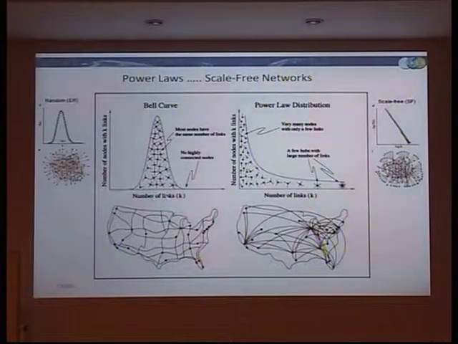Okay, so we have the number of edges or links and the number of nodes with that type of links. And this is a scale-free network. Now on a log-log scale, you can see it is a straight line. So we have very few nodes with a lot of connections and a lot of nodes with very few connections. Okay? And this is how you can represent them as well.